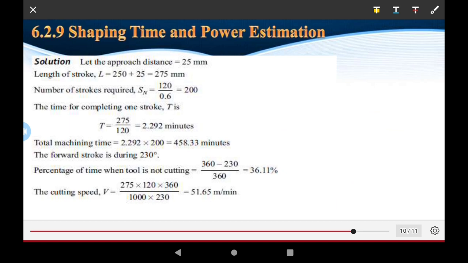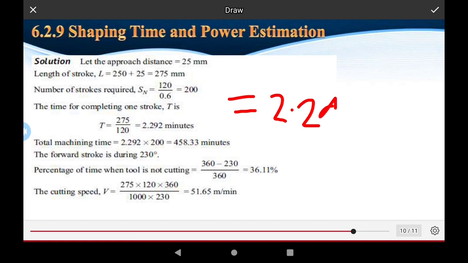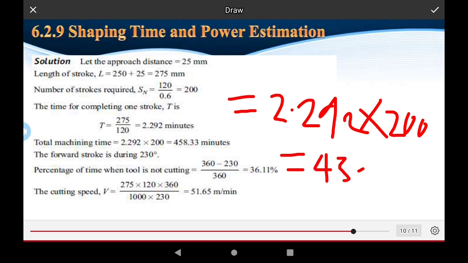So the total machining time is 2.292 into 200, the number of strokes. The total value is 458.33 minutes total time.